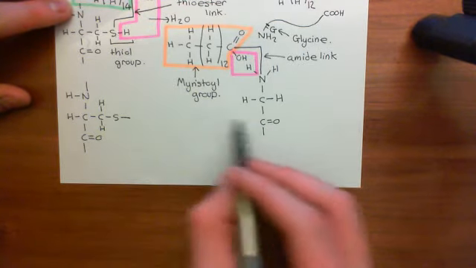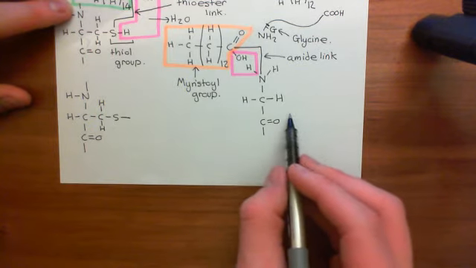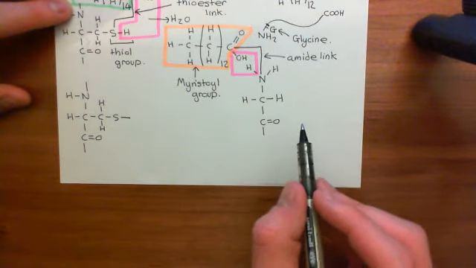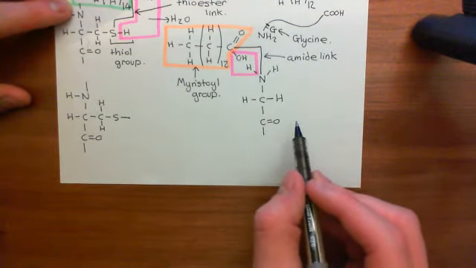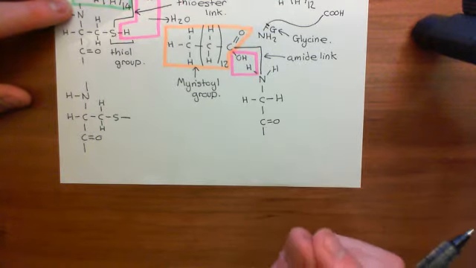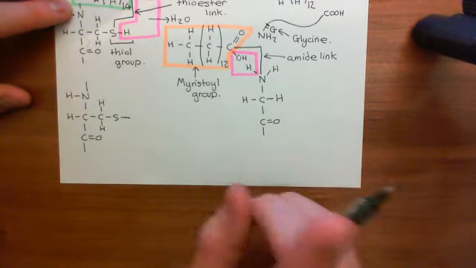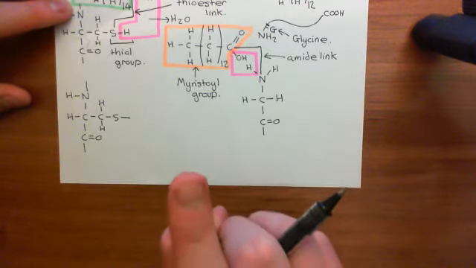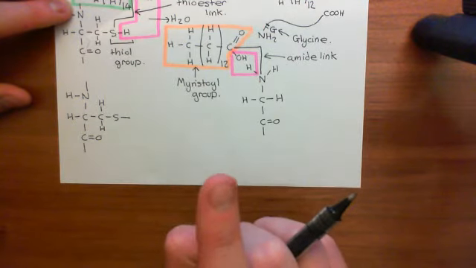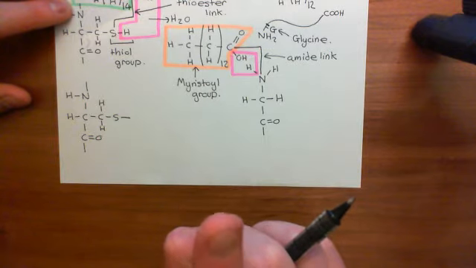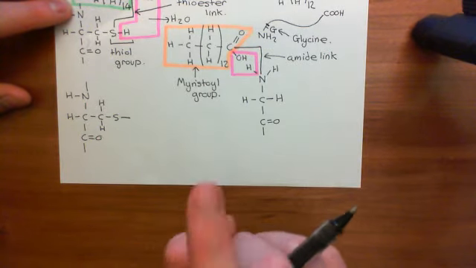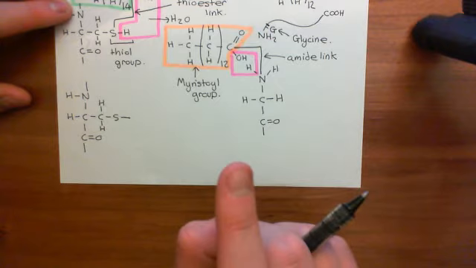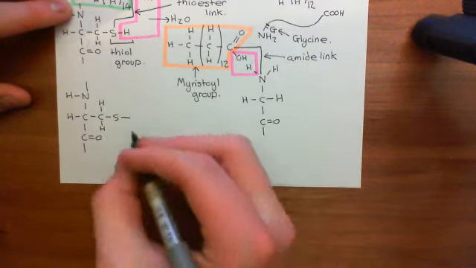Now, I do not have room to draw this in molecular format, so I'm going to draw it in skeletal format. So remember, in skeletal format you don't show carbon atoms, they're implicitly shown by corners, and you also don't show hydrogen atoms coming off carbon atoms.